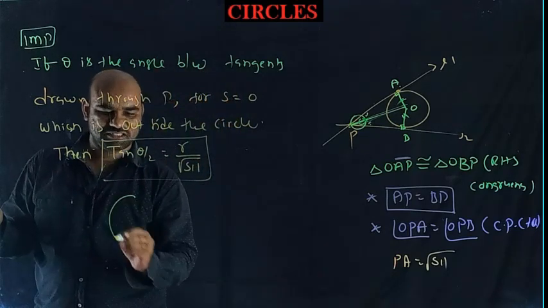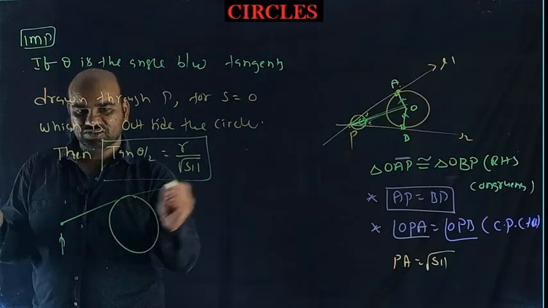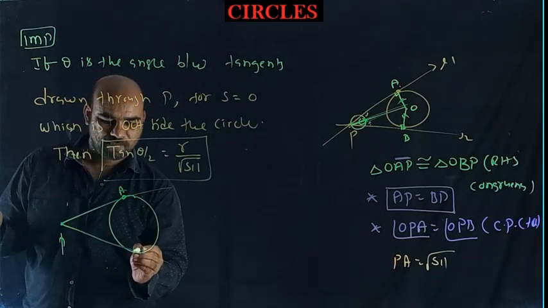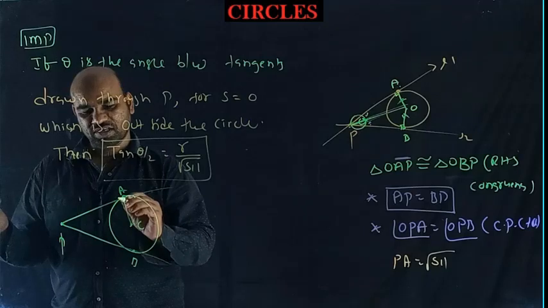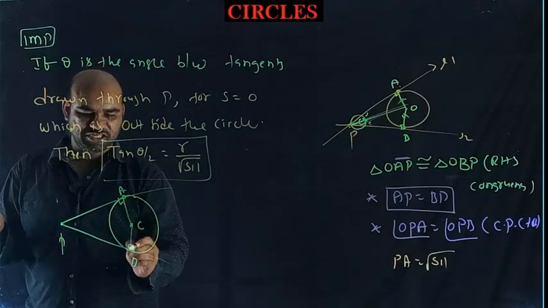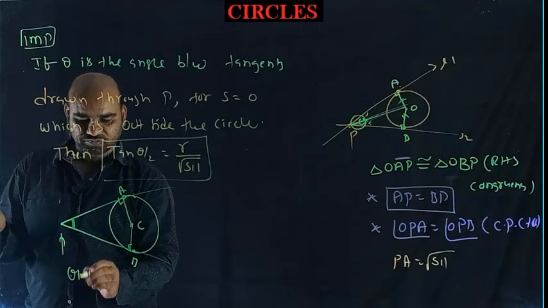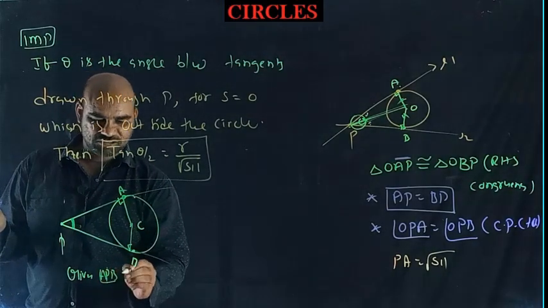See here, this is the circle. P is an exterior point. This is one of the tangents, say this is another tangent. Center of the circle, say C. Automatically here 90 degree, this is 90 degree. Given angle APB equal to theta.